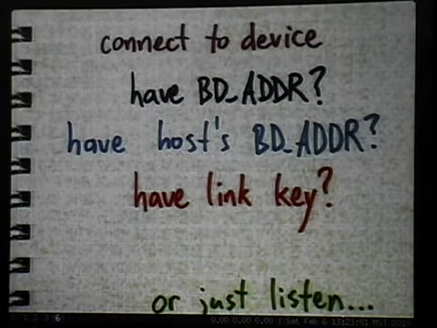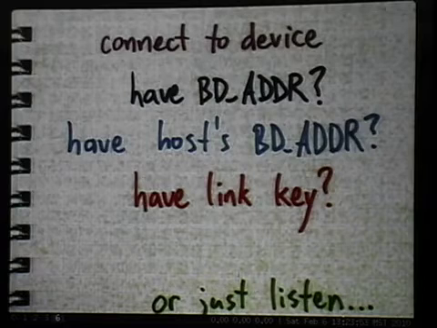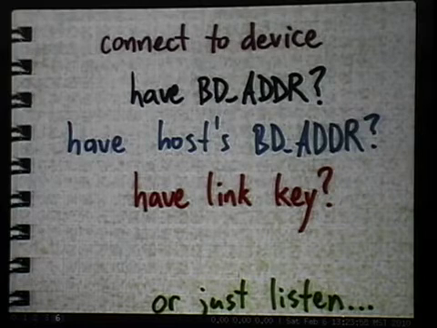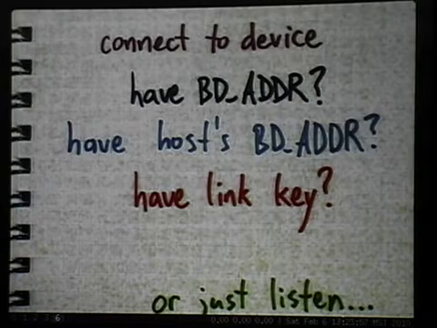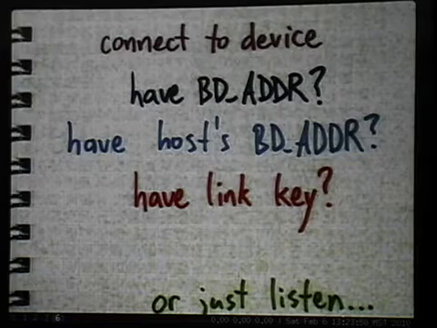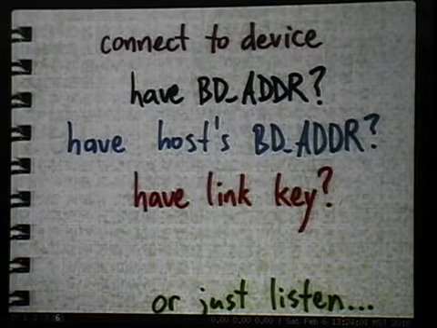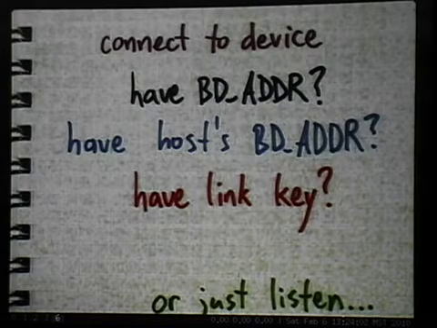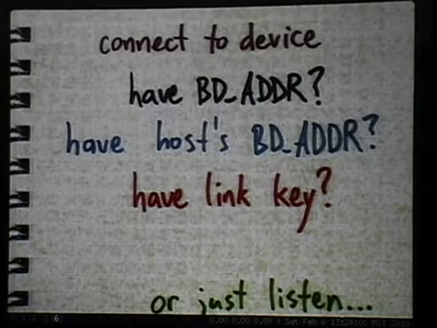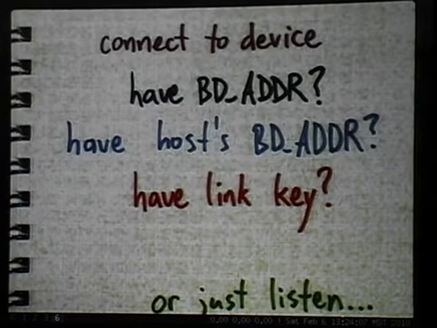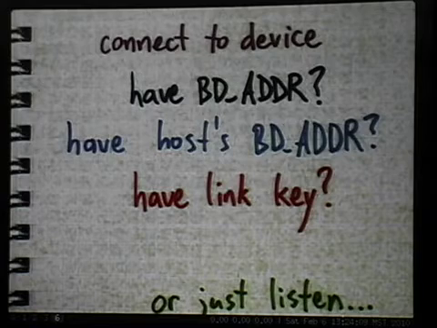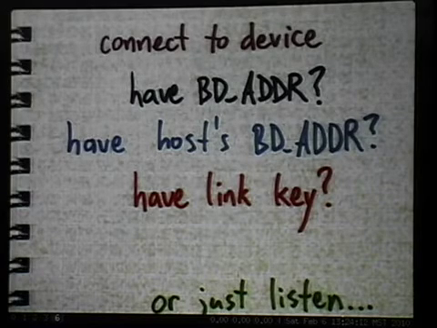One of the things we could do, if we have just plain off-the-shelf dongles and HCI layer tools, is to try connecting to a device directly. That means connecting to the keyboard. You can initiate a connection to that keyboard if you have its address. You can initiate a connection to the keyboard while spoofing the host's address if you also have the host address.